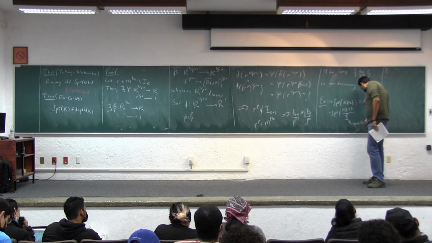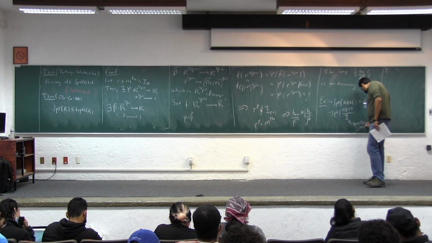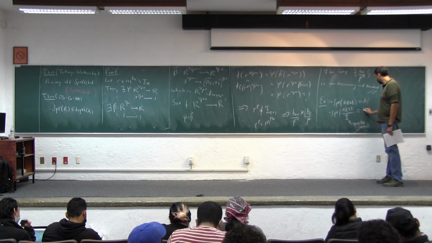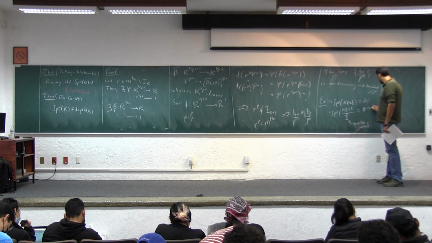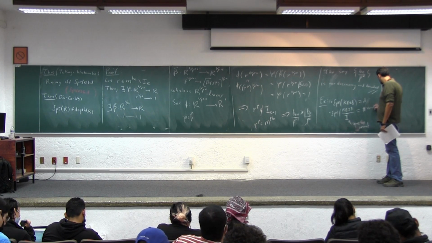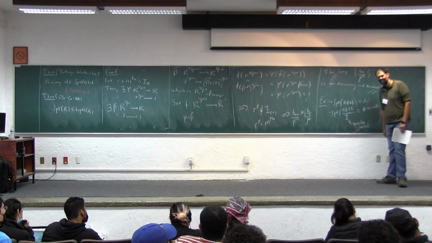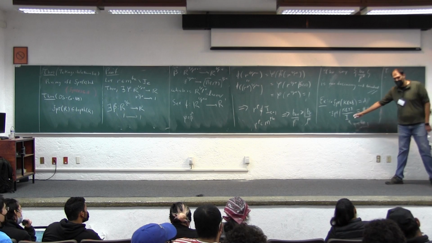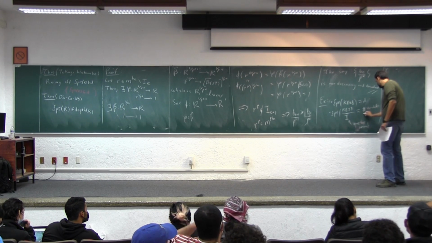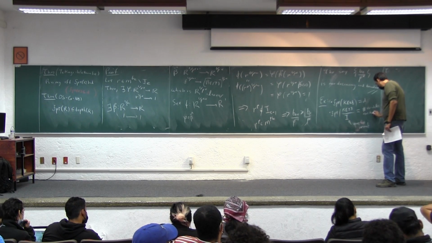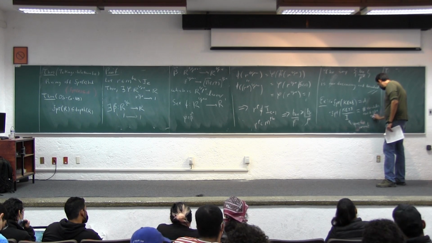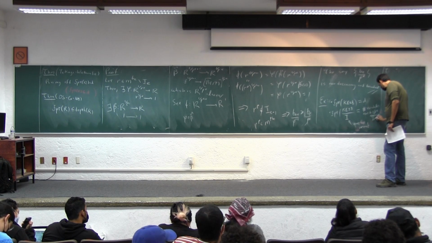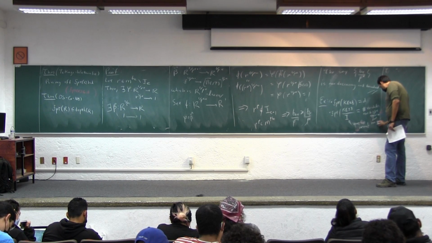Since this has been a theme. Okay. So this is equal to the number of variables that do not appear in any minimal generator of I, in a minimal monomial generator.